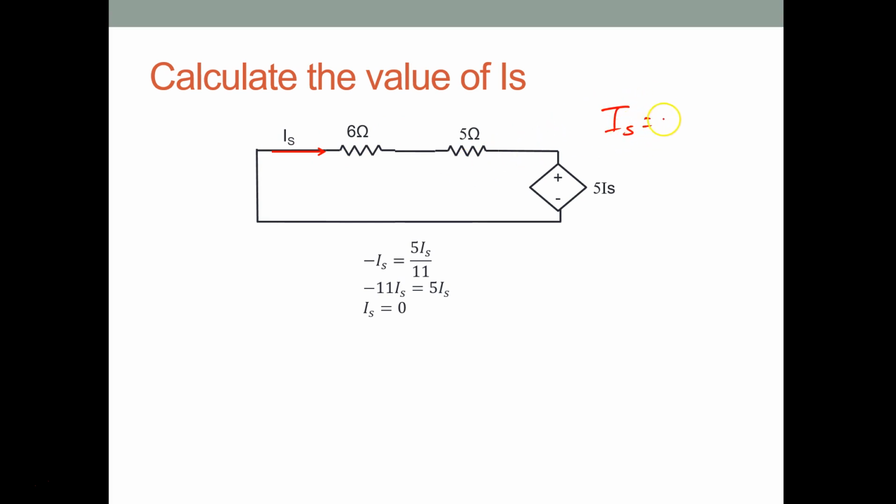We could say IS is equal to 0 minus 5 IS on 11. Previously we had 10 minus 5 IS. Since we short-circuited the source, that 10 has now become 0. So again, we could solve for IS here, and if we solve for it, we will see that IS is 0. So that's a very interesting result.